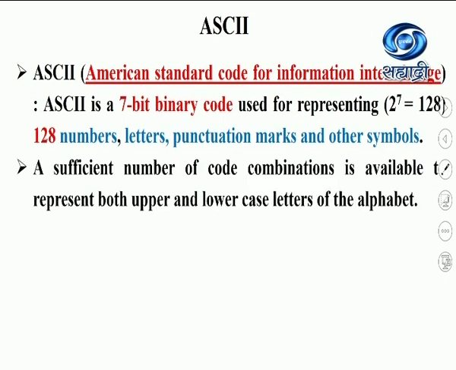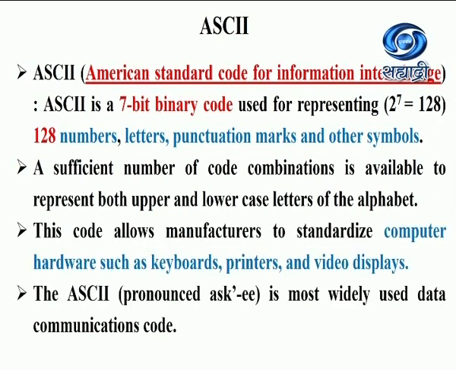A sufficient number of code combinations is available to represent both upper and lower case letters of the alphabet. This code allows manufacturers to standardize computer hardware such as keyboards, printers, and video displays. The ASCII is the most widely used data communication code.